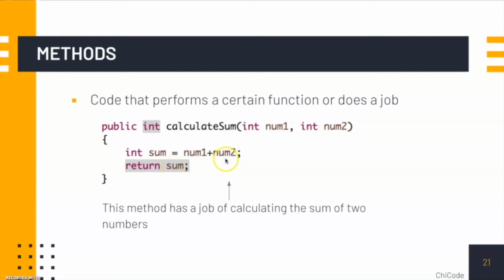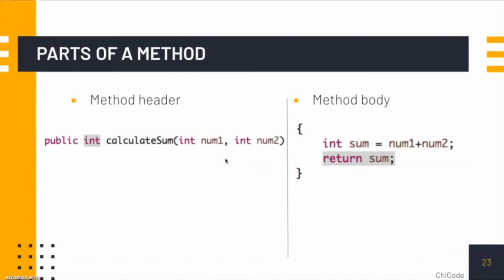Now you can see this method has a job. The job is calculating the sum of two numbers. Objects are made up of many of these methods that do different jobs. Now the different parts of a method. These are important, as we mentioned, for terminology purposes.